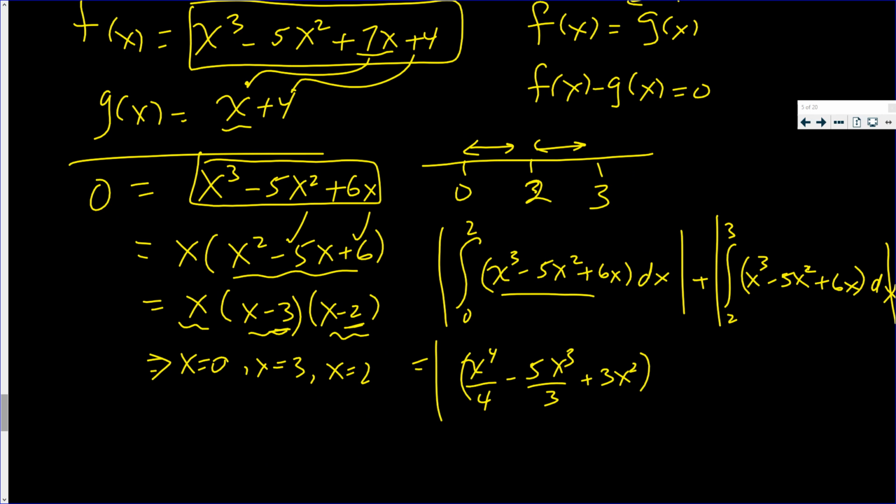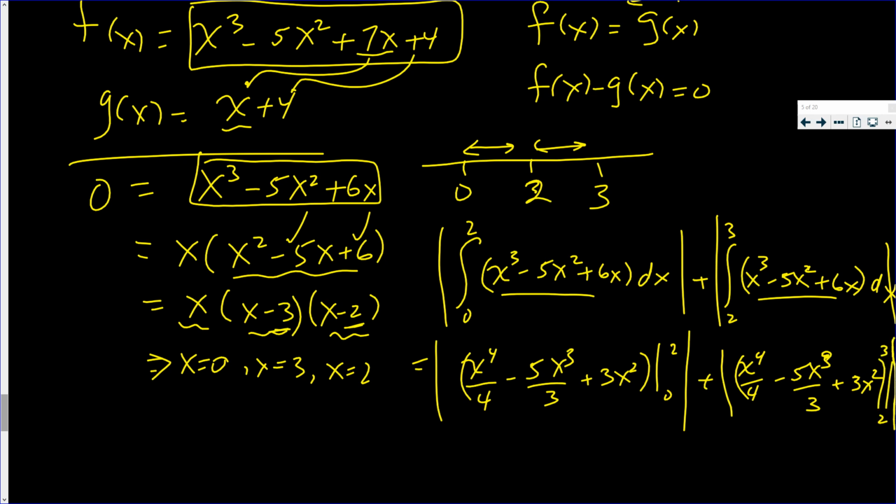And the integral of that, might as well do it, is x to the 4 over 4 minus 5x cubed over 3 plus 3x squared. And this gets evaluated from 2 to 3. And you really should make sure that you got the same answer, because you are integrating the same function.